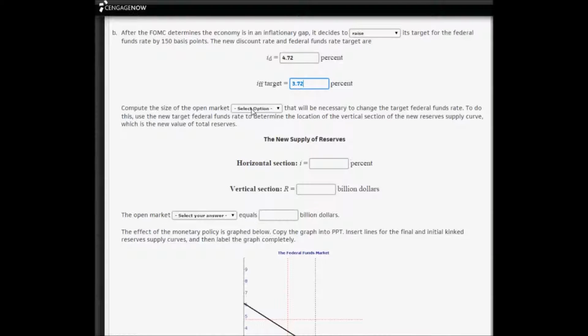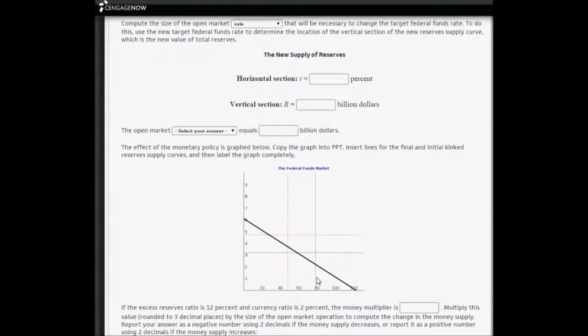Now, when it raises the target for the federal funds rate, it has to do an open market sale. So now we want to compute the size of the open market sale necessary to change the target from 2.22 to 3.72. The open market sale pushes supply of reserves, which is this kink part of this dashed cross, to this kink part of the red dashed cross.